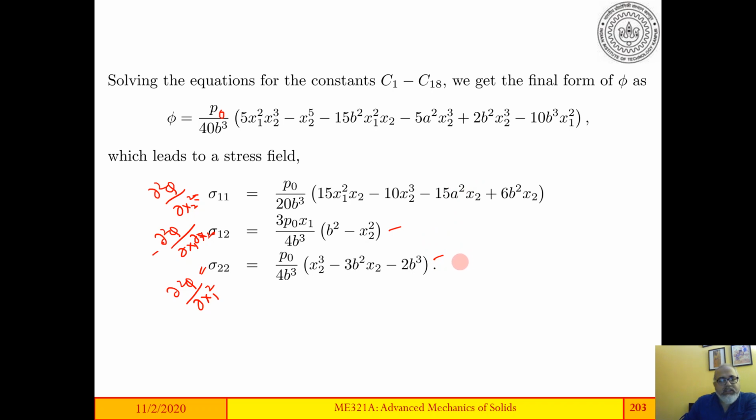In your MOS course, sigma 2 2 was always equal to 0, but what you see here is that sigma 2 2 is indeed present in this particular solution, which is a more exact one compared to your Euler-Bernoulli beam theory.